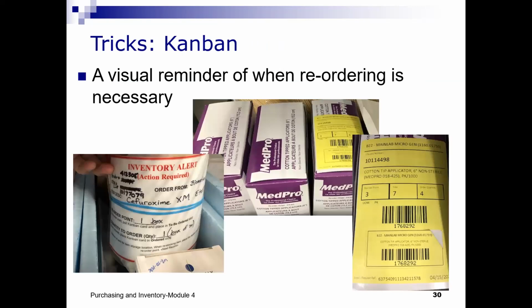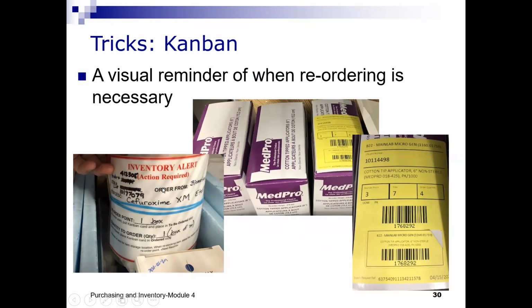Another thing that I think is a helpful tool is something called Kanban, which is from another quality system, but essentially it's a visual reminder of when you need to reorder something. This is a freezer we have that has antibiotic discs in it, and once you see this little form that is taped to the product, you know this is the last box, because there's a reorder point that says 1 box, and it says quantity to order 1 box also.